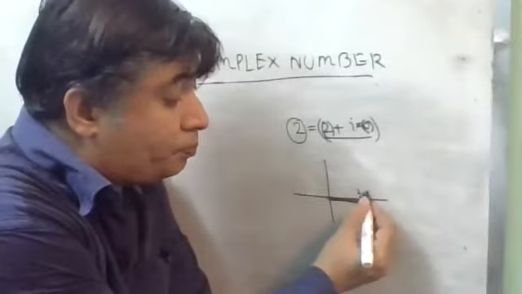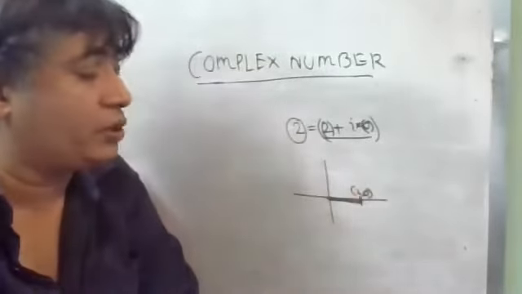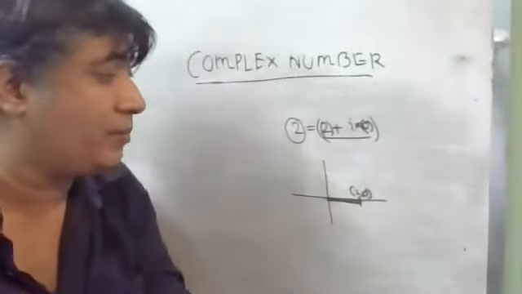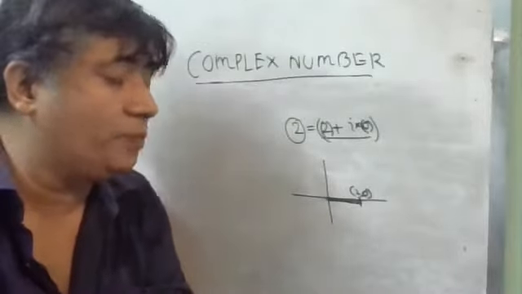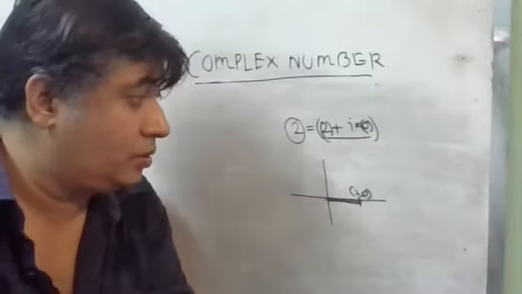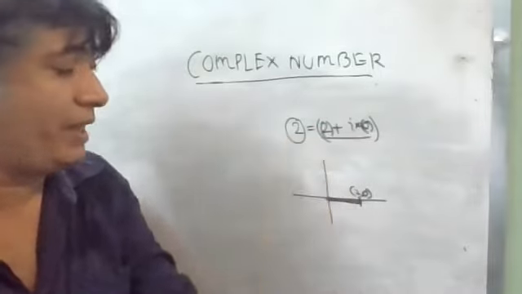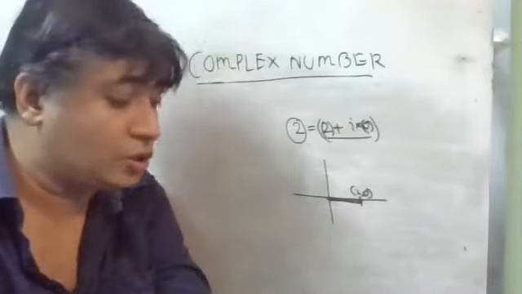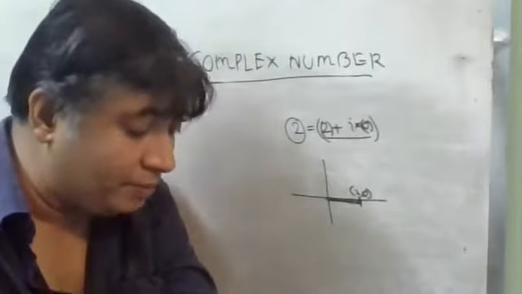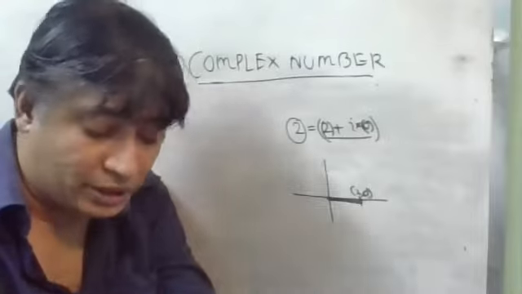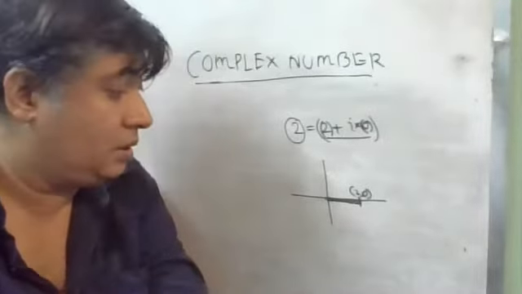This is the point 2, 0 in coordinate geometry. In complex numbers, it will be expressed by 2 plus i into 0. So a real number can be expressed in terms of a complex number. So the real number is also a subset of complex number.